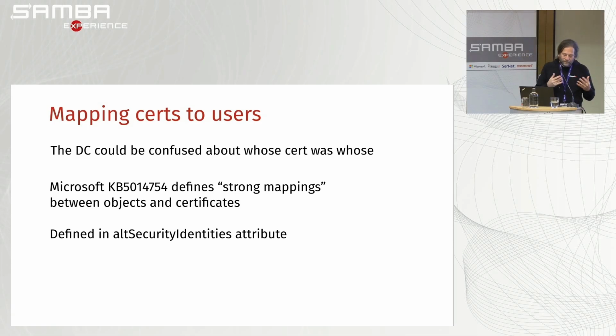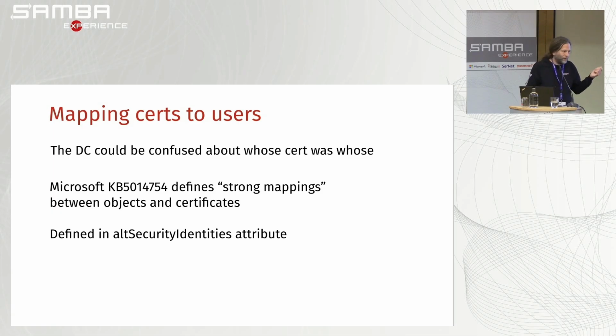so they have this idea of mappings between certificates and users, and some mappings are weak mappings, and some mappings are strong mappings, and over the last year or two, they have been turning up the knob saying you can only use strong mappings.